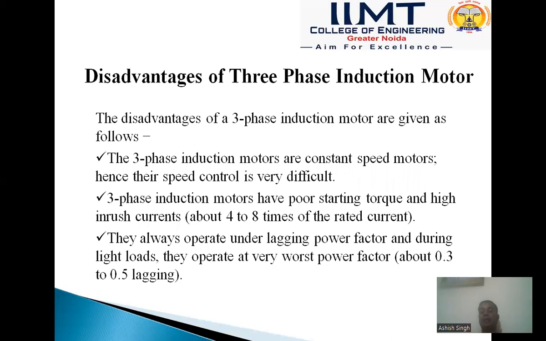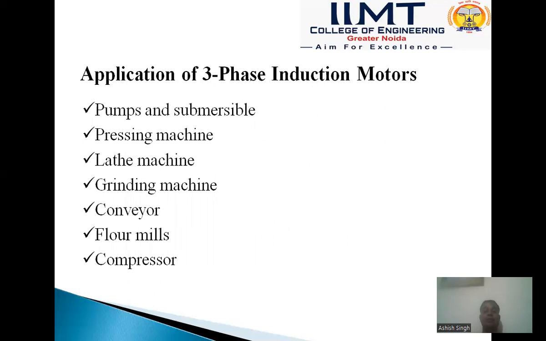That means at the time of starting, it takes 4 to 8 times higher current than full load current at the time of switching. They always operate at lagging power factor during light loads and at very poor power factor at heavy loads. These are the disadvantages of three-phase induction motor.